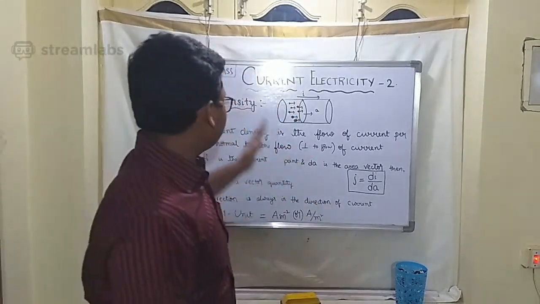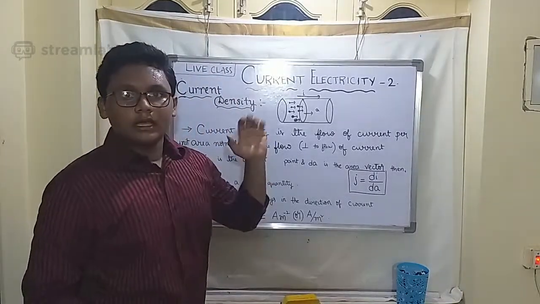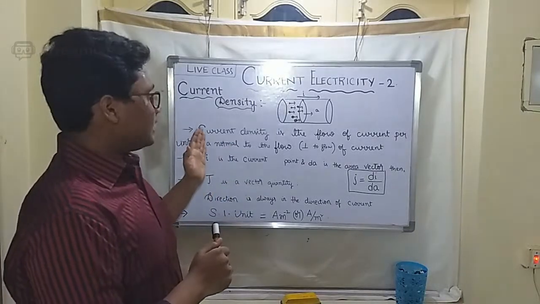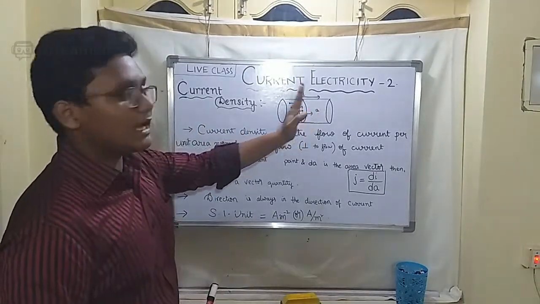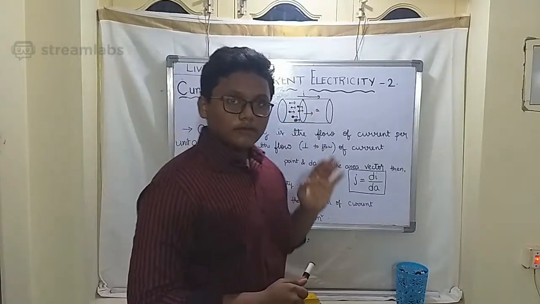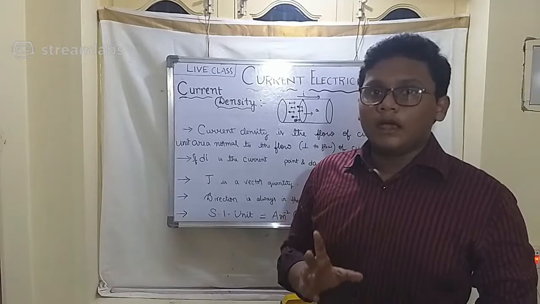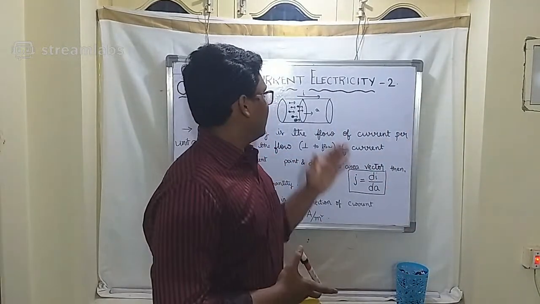Now we are starting current density in a conductor. It tells us that the current flow also depends upon the area.